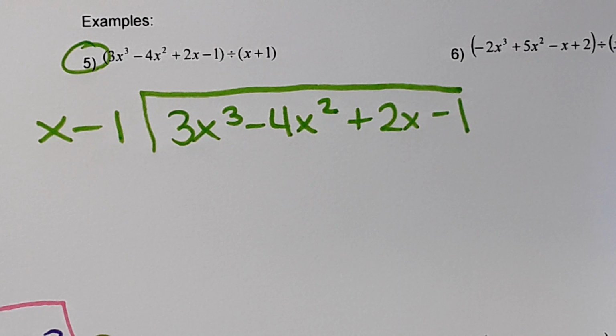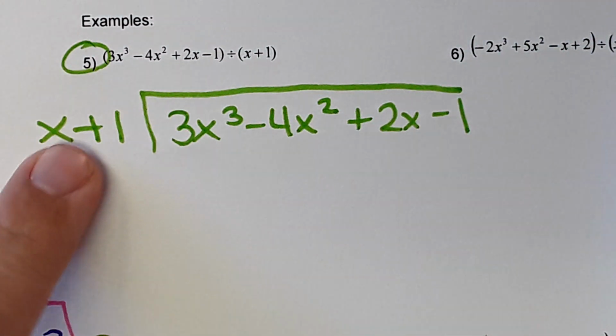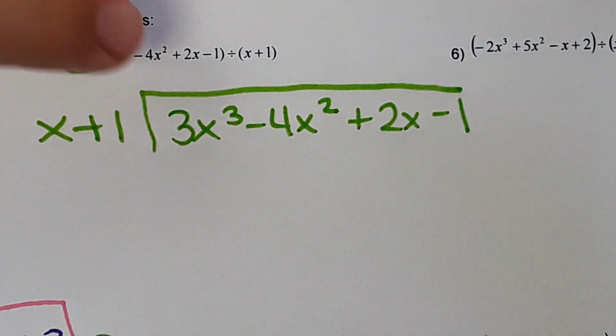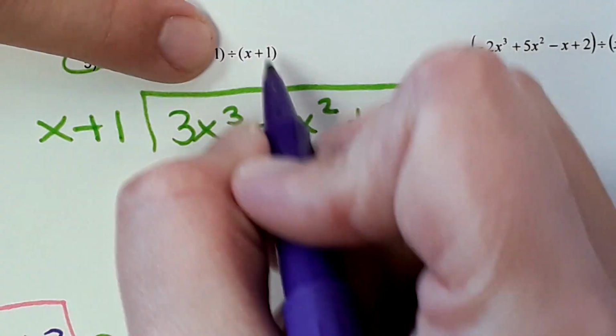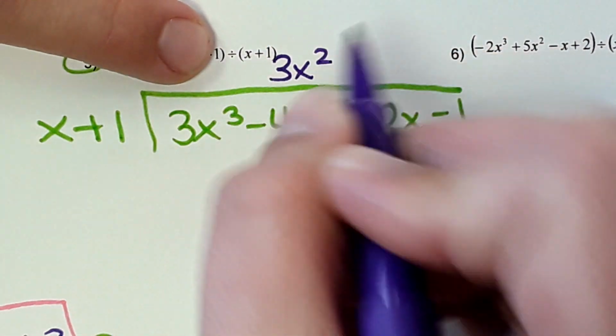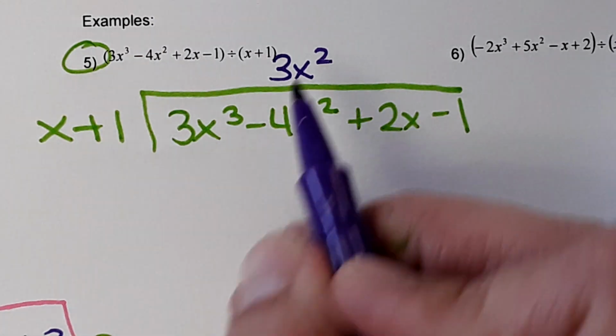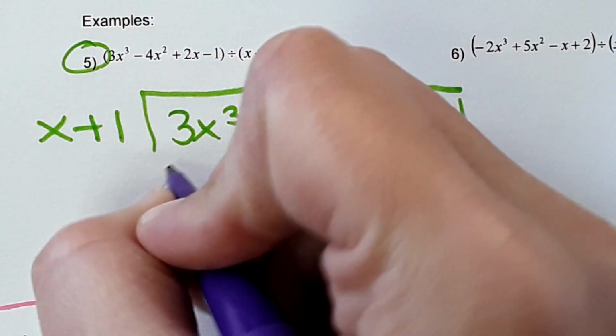Okay. So now we need to look at what we'd multiply x by to get 3x cubed. So 3x squared would be that number. Okay, and then multiply this by this term here.